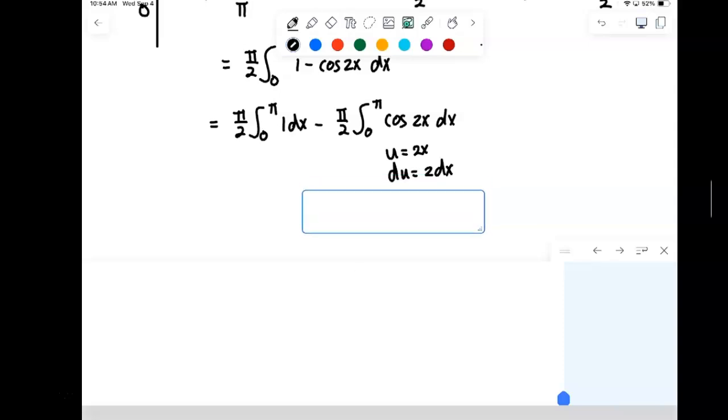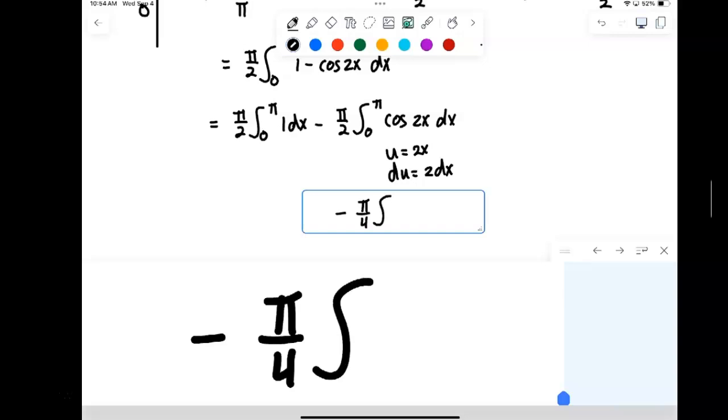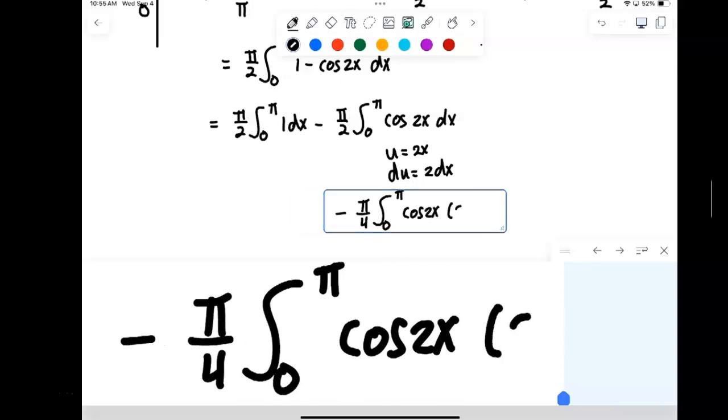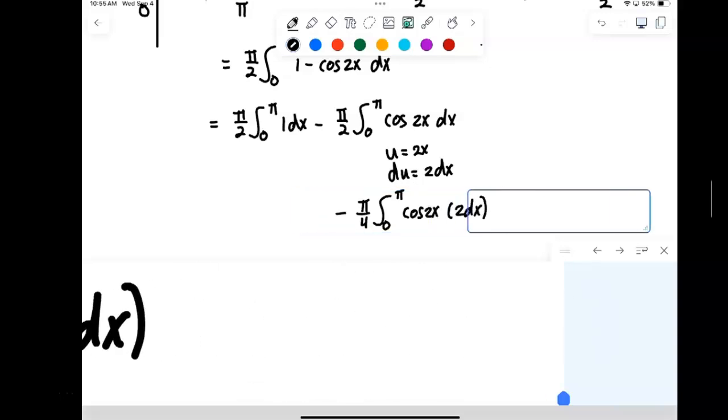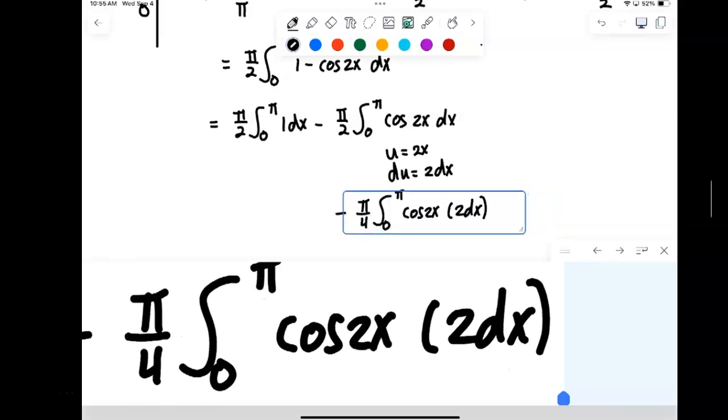So this second part will actually look like this: pi over 4 integral 0 to pi of cosine 2x times 2 dx. So now this integral is set up for its substitution step, so we can carry that through. It's the integral of cosine u.